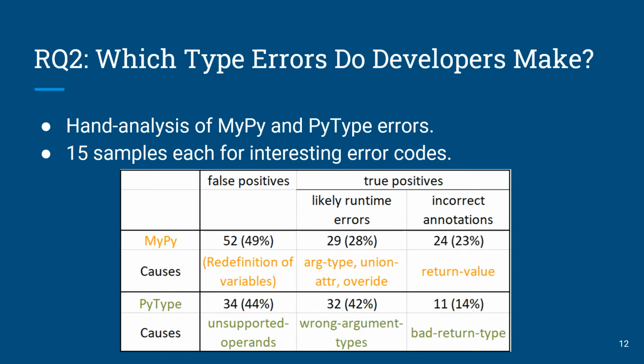For MyPy, it's mostly due to the redefinition of variables and the use of optional types with non-check. PyType has different semantics, so it won't flag many of MyPy's false positives. Lastly, most incorrect annotations were found in MyPy return value code and the PyType bad return type code.